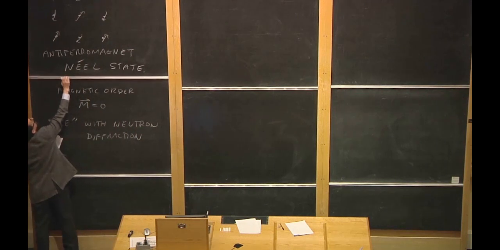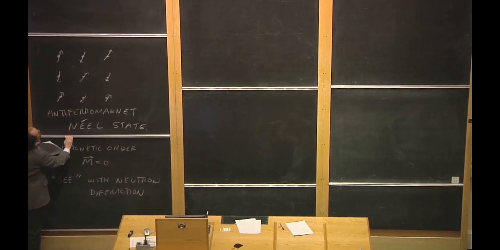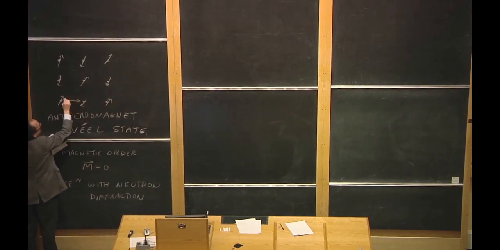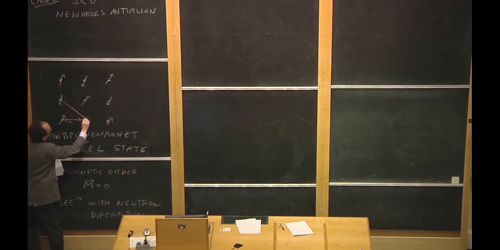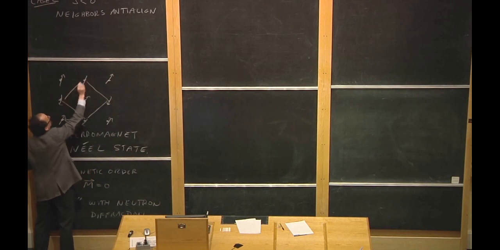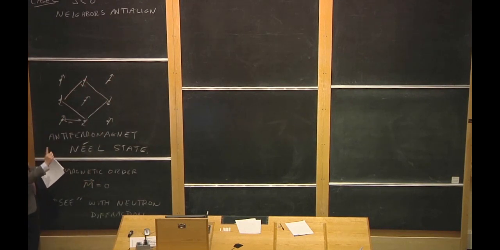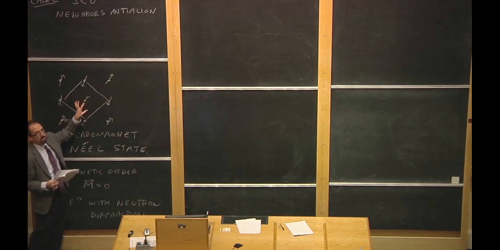So the elementary lattice constant here might be a, but the neutrons actually see a lattice constant which is this big. This is the unit cell now, because if a neutron is coming in with spin up, it sees an up spin as being a different atom from a down spin.